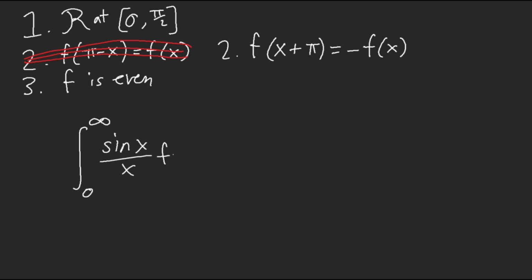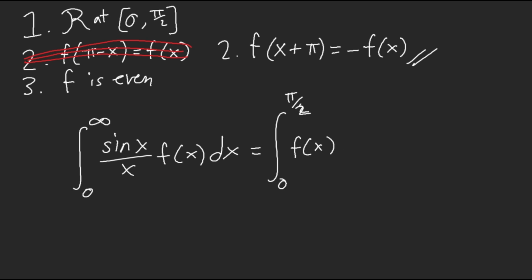If you have a function that has this type of periodicity, well, kind of periodic, I wouldn't say exactly periodic, but it has that negative sign, then this integral is equal to, from 0 to pi over 2, a 2 times f of x, and this time times cosine of x dx. So if you have a flipped sign for x plus pi, then you have a times cosine of x dx.